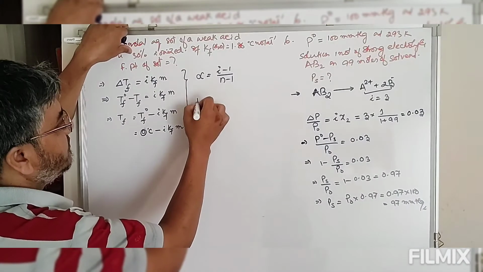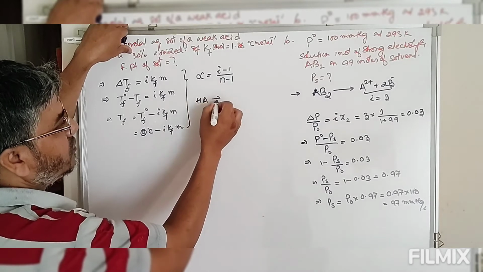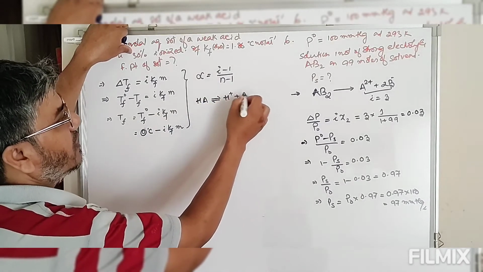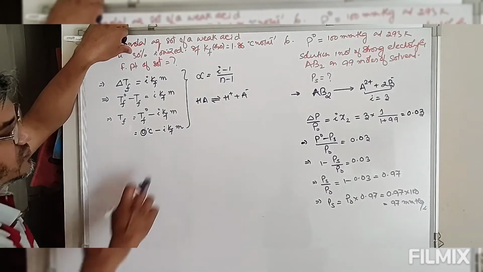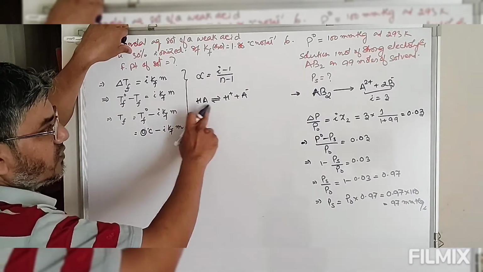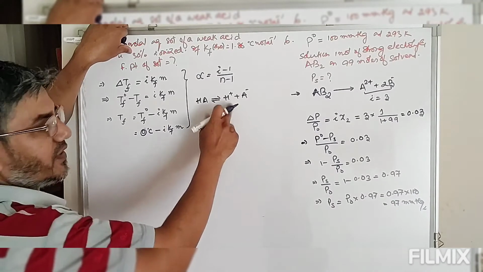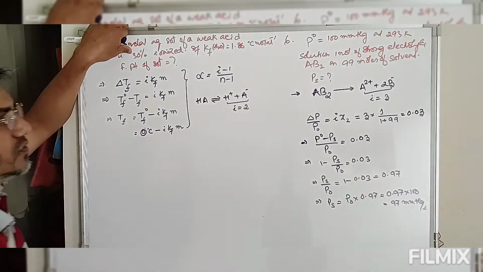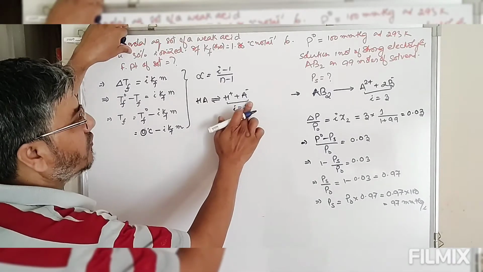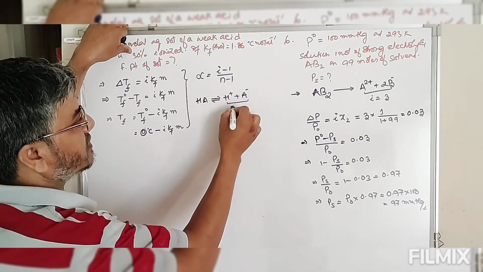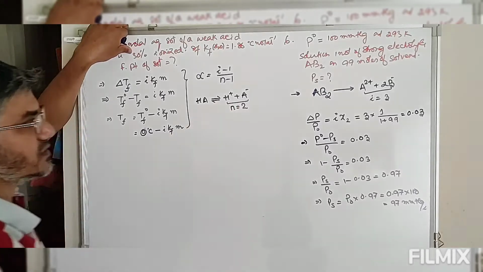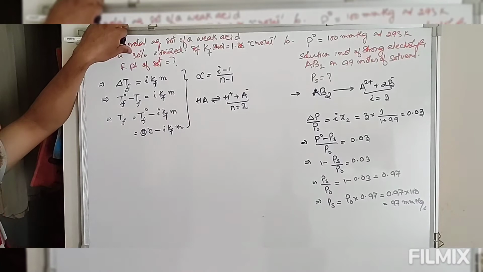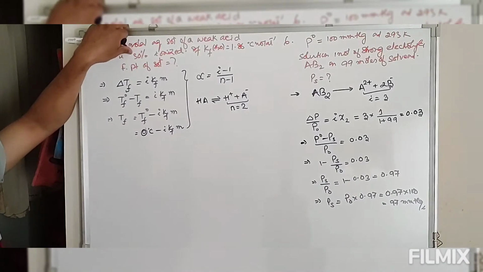This weak electrolyte undergoes partial dissociation to give H plus ion plus A minus. One mole of this weak electrolyte gives how many moles of ions? 2. So n, the number of moles of ions furnished by 1 mole of the electrolyte, equals 2.